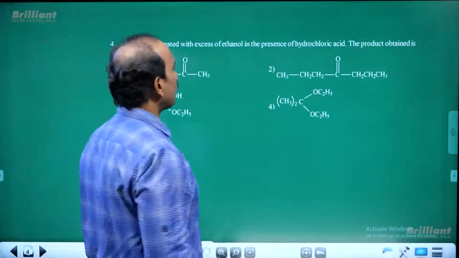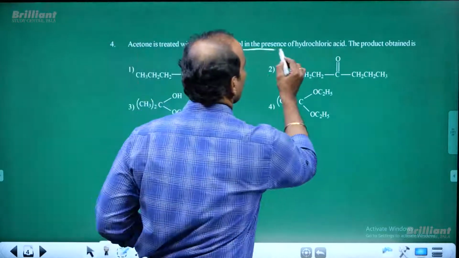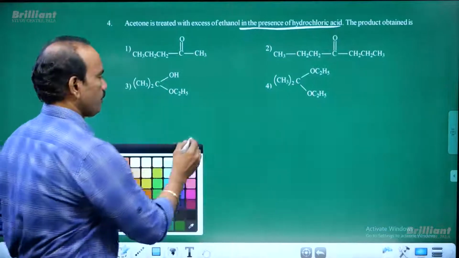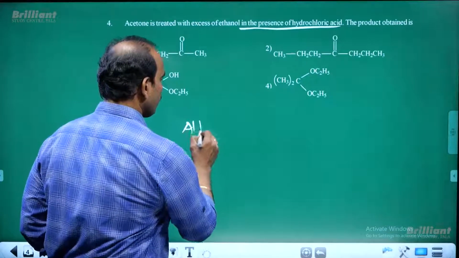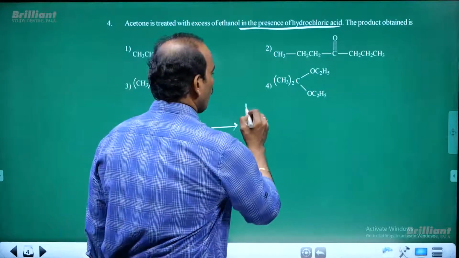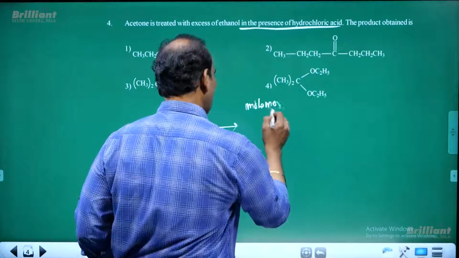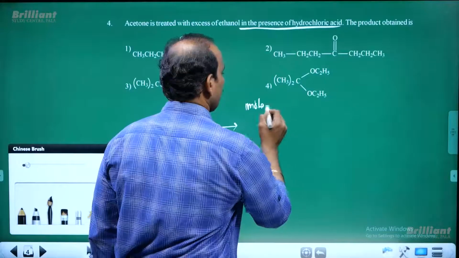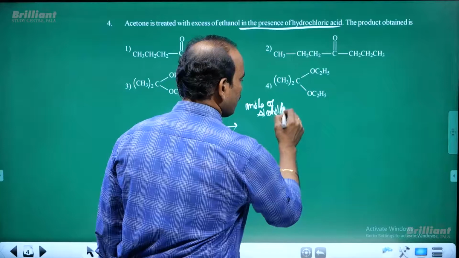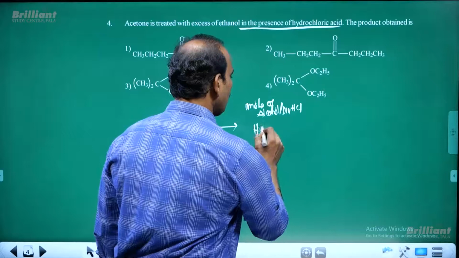Acetone is treated with excess of ethanol in the presence of hydrochloric acid. We know aldehydes react with 1 mole of alcohol in the presence of dry HCl, and it gives hemiacetal.